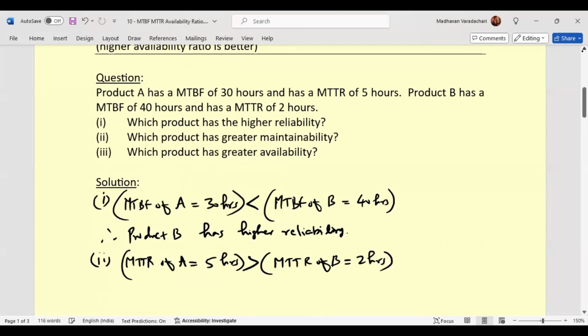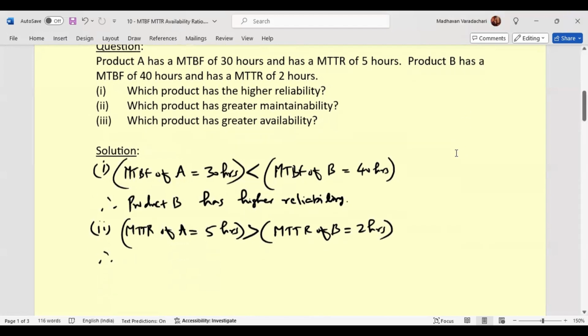This is larger. So maintainability, whichever has a lesser MTTR, that is better. So here again, product B has greater maintainability.